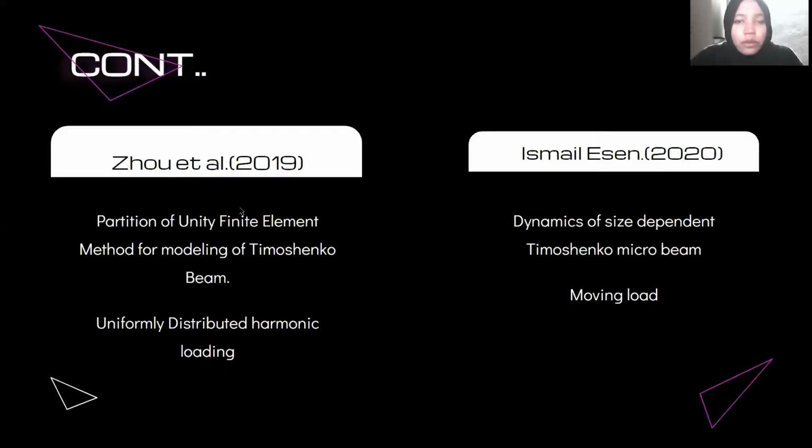For me, Zhao and other authors is not a good article because it uses the partitions of linearity finite elements, which is different from my project. And for Ismail Hassan, for me, it's good even though the Timoshenko beam that has been used is a Timoshenko microbeam. For me, it's really a good article.